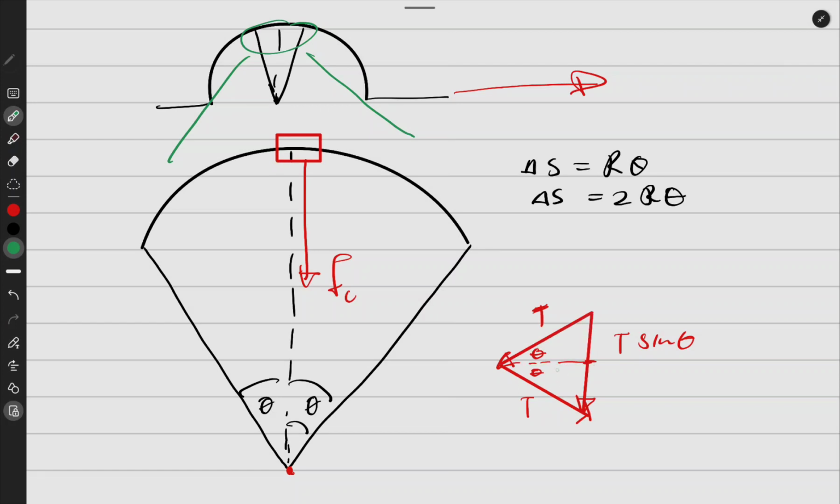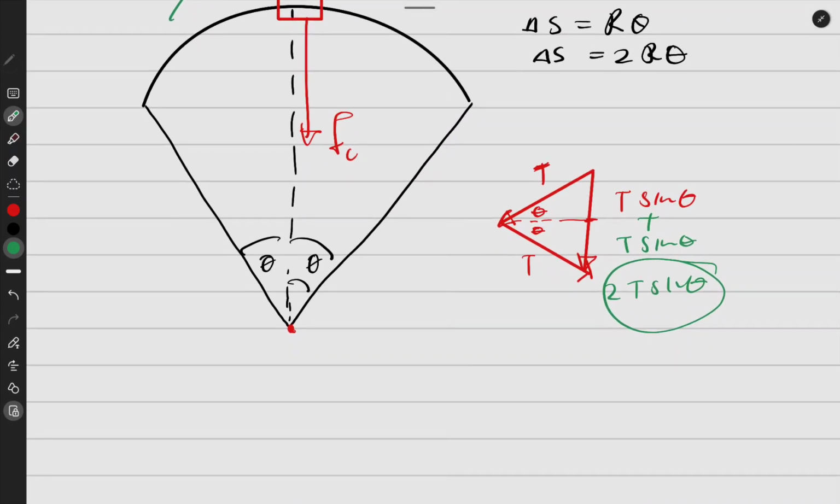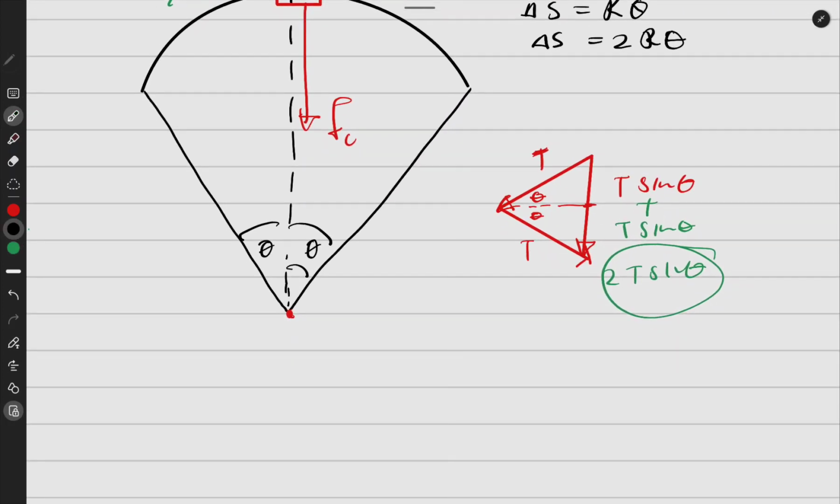If I look at the bottom triangle, it's the same thing, T sine theta. All this plus this gives me 2T sine theta, which is the force pulling this thing into the center. Now we can use F net equals ma, which is Newton's second law, and this is centripetal.